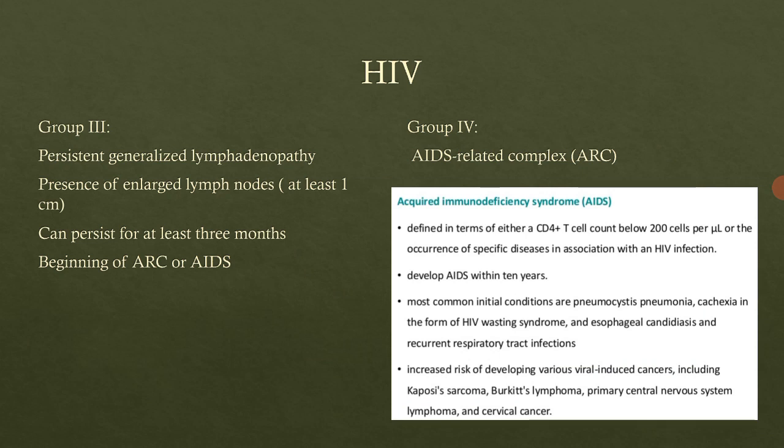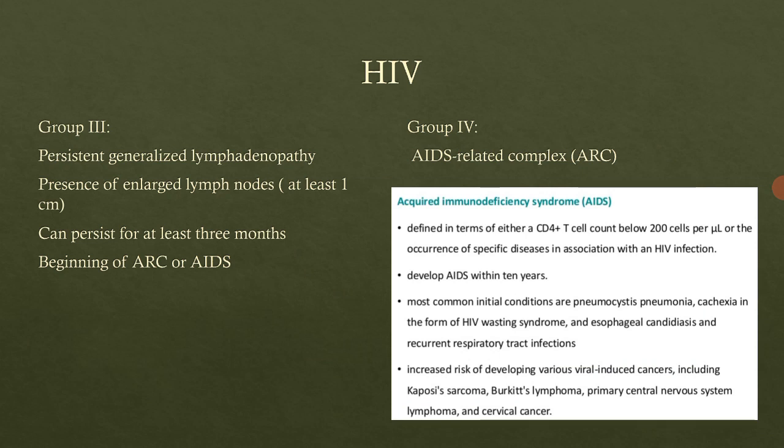Now in group 4, the AIDS related complex, that is the ARC. In group 3, it was the beginning of the ARC. Now in group 4, the acquired immunodeficiency syndrome will start visually. Visible symptoms will be there in group 4.